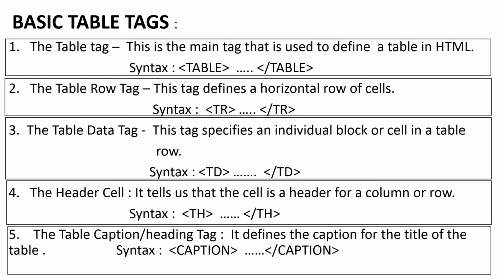Now, below, the syntax is given for how to write the table tag. Syntax is nothing but some rules for how to use the tag. Every language has some rules.